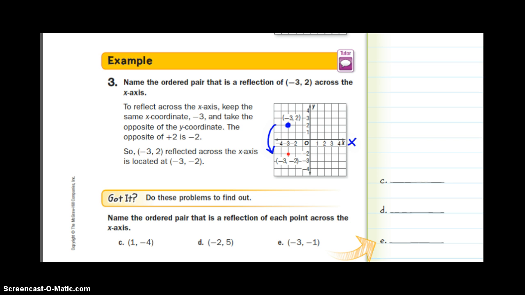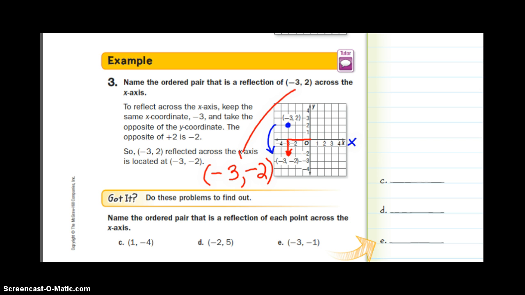So again, here's my x-axis. If I fold my paper down, I'm folding it on the x-axis, and I come to the red point. And all we have to do is read it off. Go over -3, down to -2.